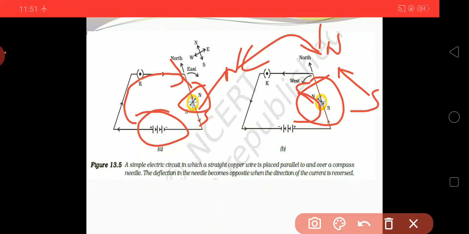A simple electric circuit in which a straight copper wire is placed parallel to and over a compass needle. The deflection in the needle becomes opposite when the direction of the current is reversed. As you can see, when we reverse the direction of the current, we observe that the deflection of the needle is also opposite.